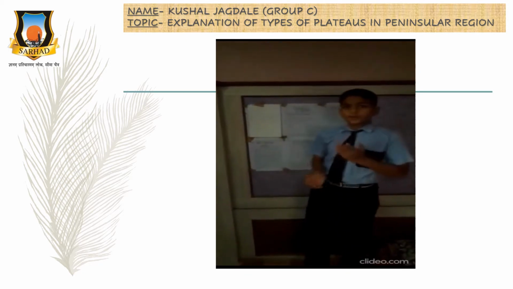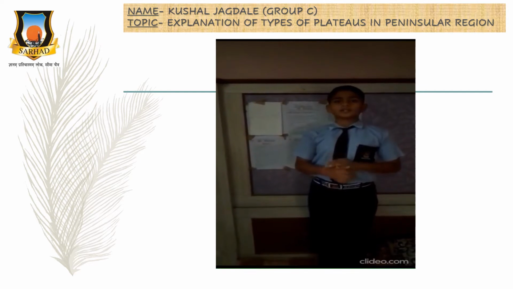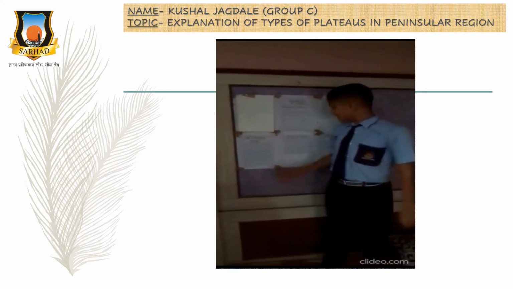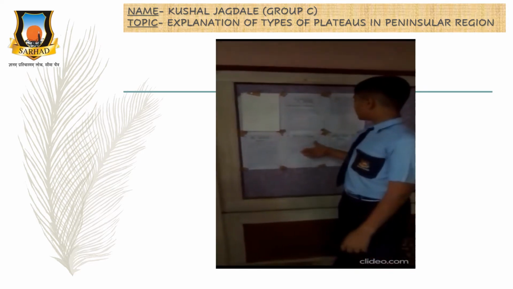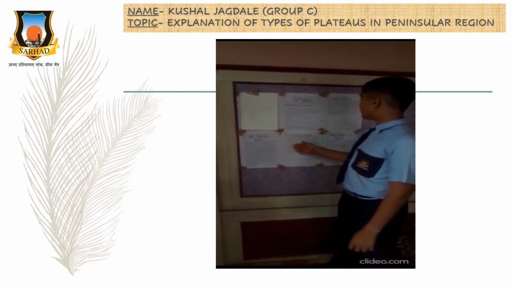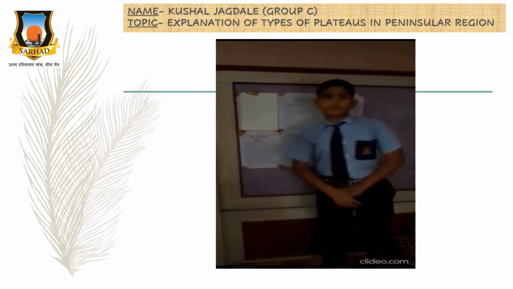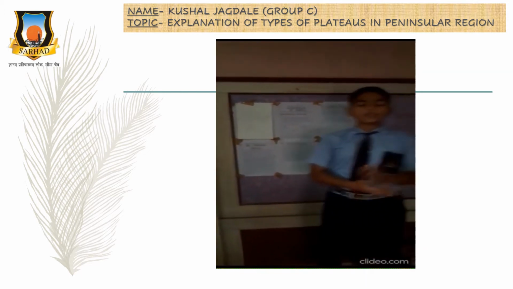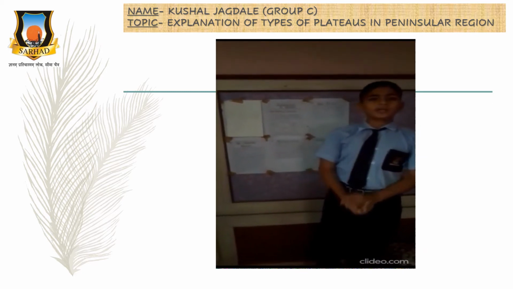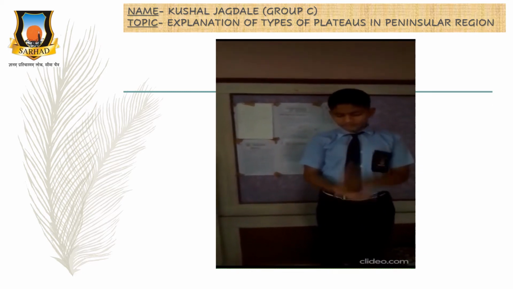Now we will see the next one, the Eastern Ghats. The Eastern Ghats are a range of mountains along India's eastern coast. They are not continuous, but separated in parts.